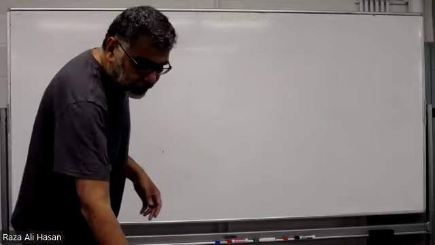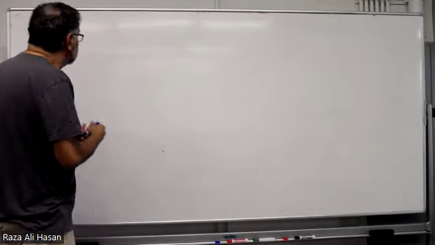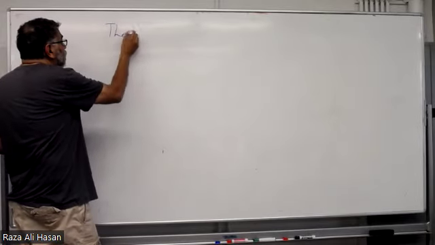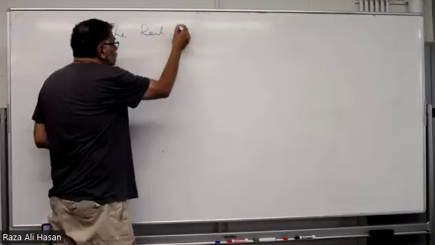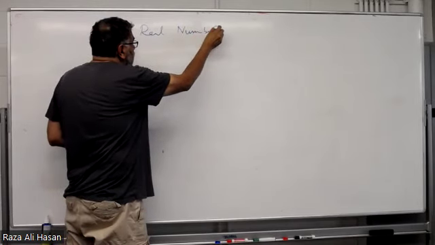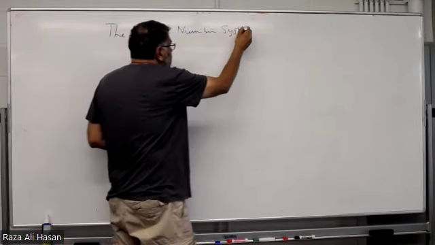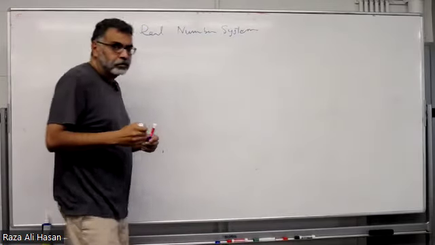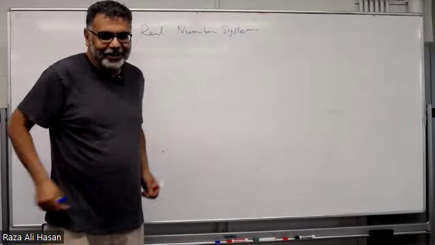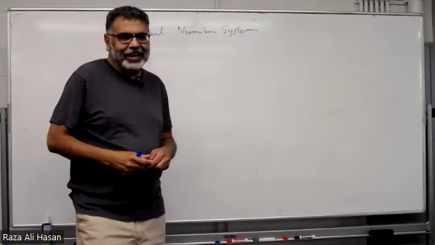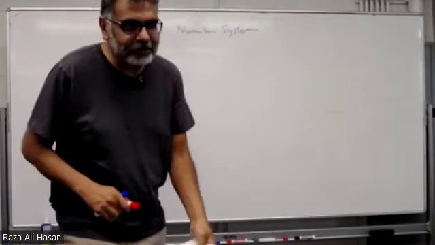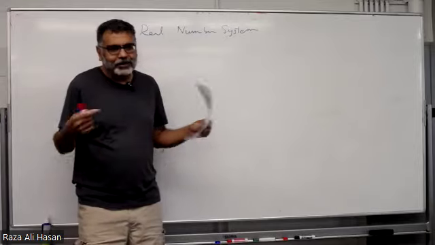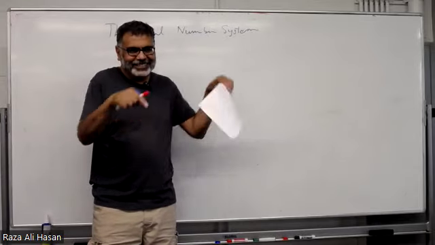So let's start with the diagram here. We're going to look at the real number system. The real number system is like a kangaroo. It has pouches, and then it has kangaroos in the pouches, and there are more pouches in those little kangaroos, and then there are more kangaroos.